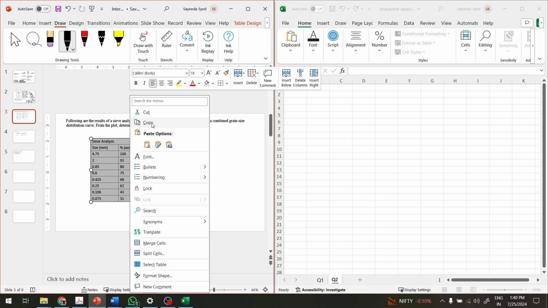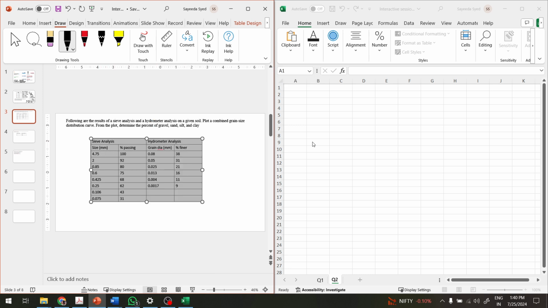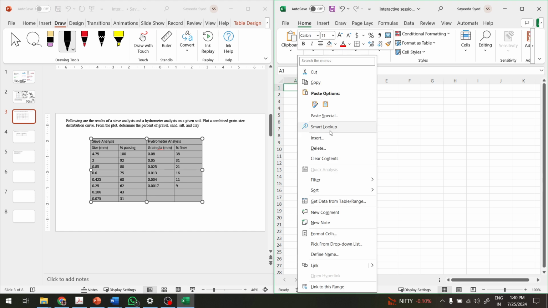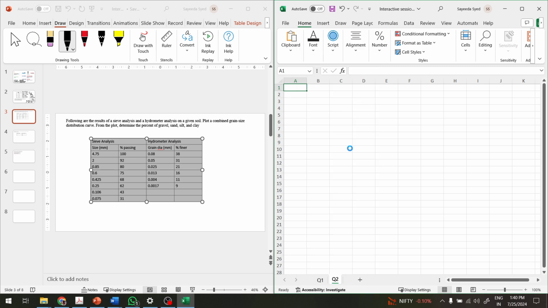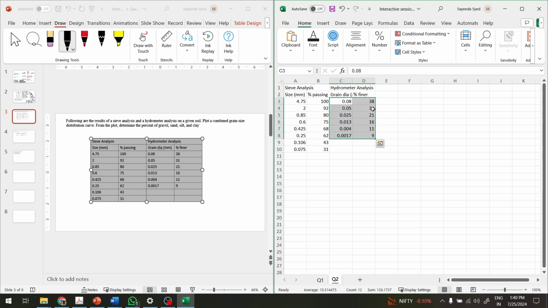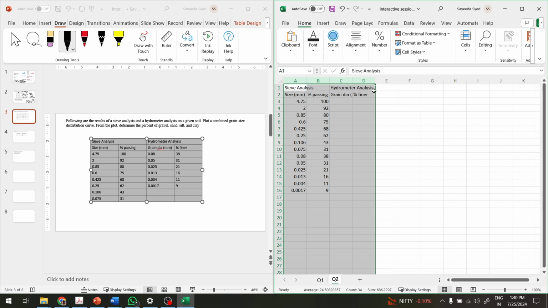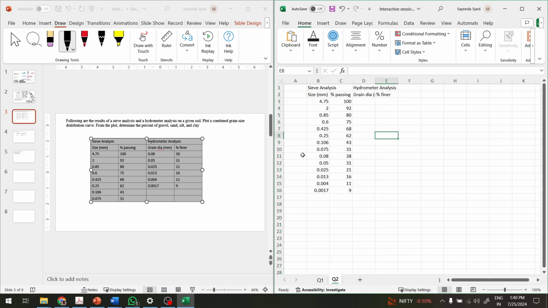So in this, we don't have to do the calculations because we have been given the percentage passing itself. Let me actually take this here.